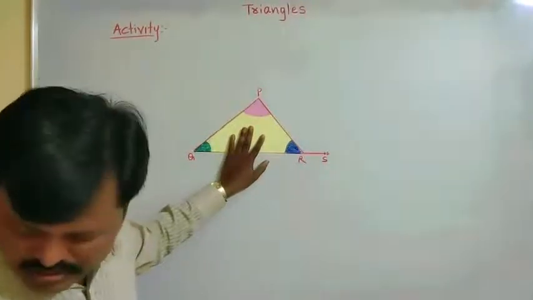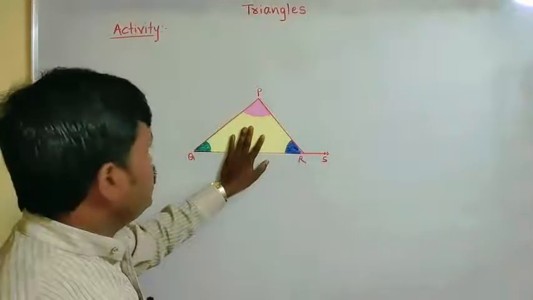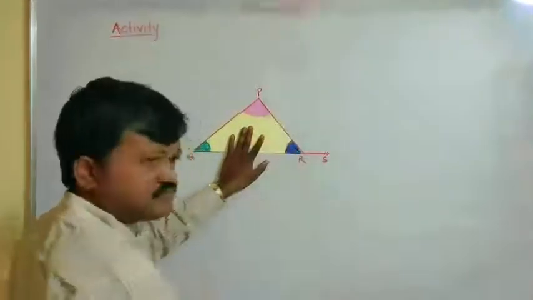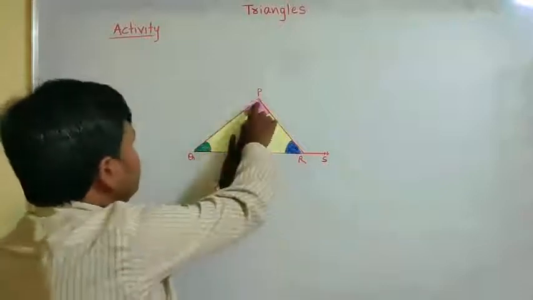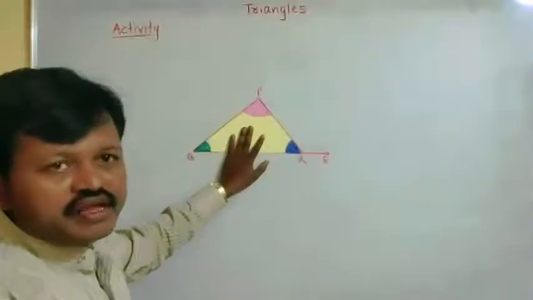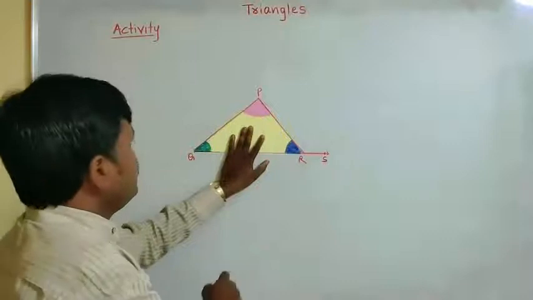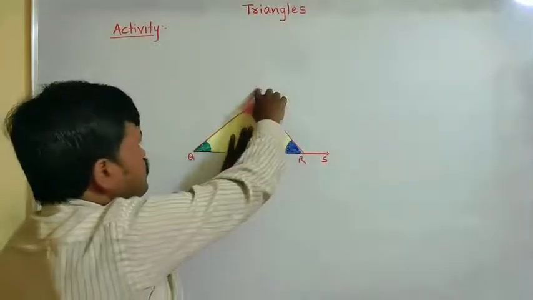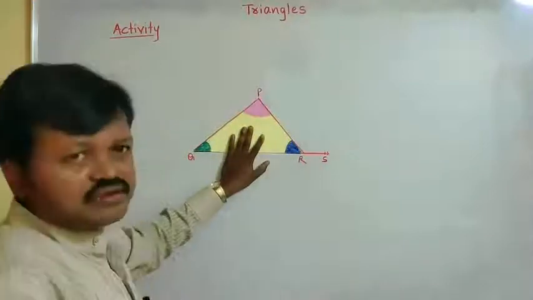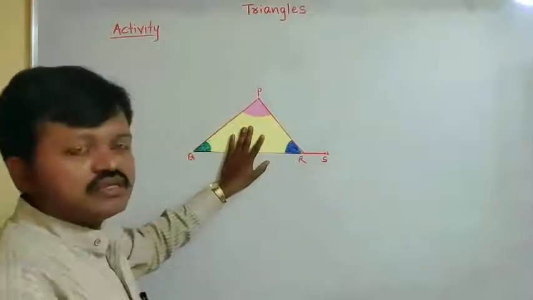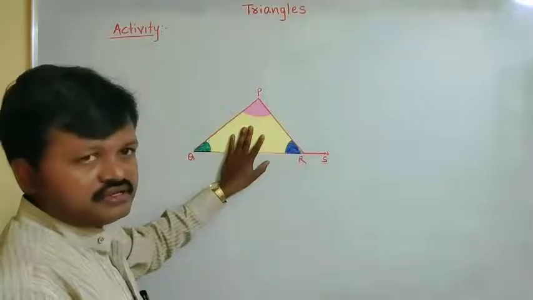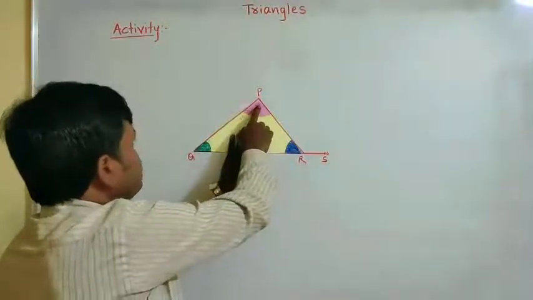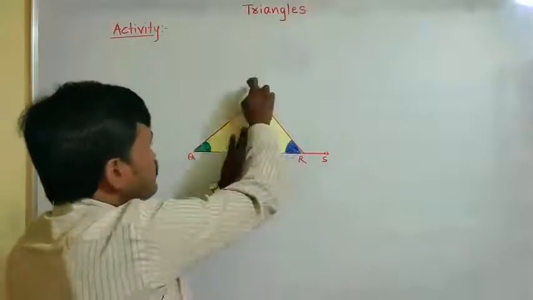We find out here the measure of this exterior angle, and this angle here P and Q, these are remote interior angles. म्हणजे अँगल P आणि अँगल Q या कोण PRS च्या संदर्भात दूरस्थ अंतर कोण आहेत. This is a remote interior angles. And what is the relation between the angle P and Q and this angle PRS?